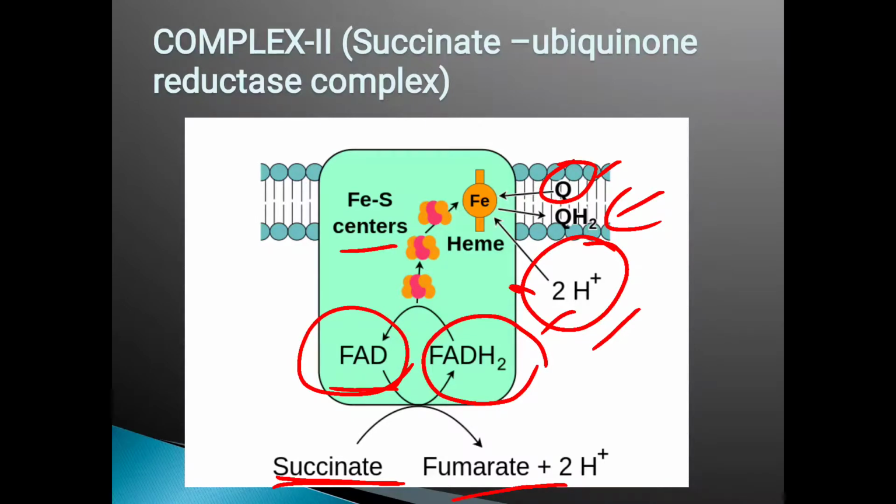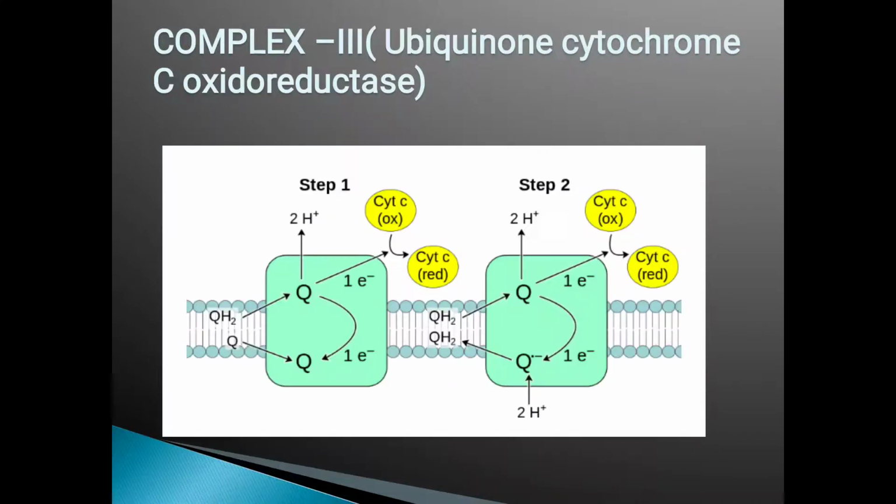This enzyme complex generally helps in transferring the electrons towards the quinone, okay? And this quinone further leads to the movement of electrons towards the third enzyme complex, the ubiquinone cytochrome C oxidoreductase complex, also known as the cytochrome B and C complex.